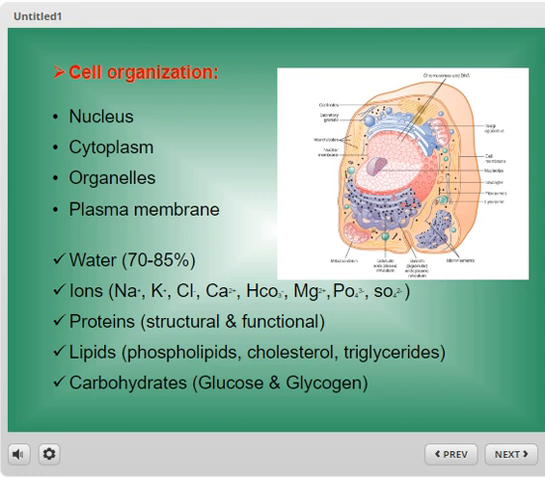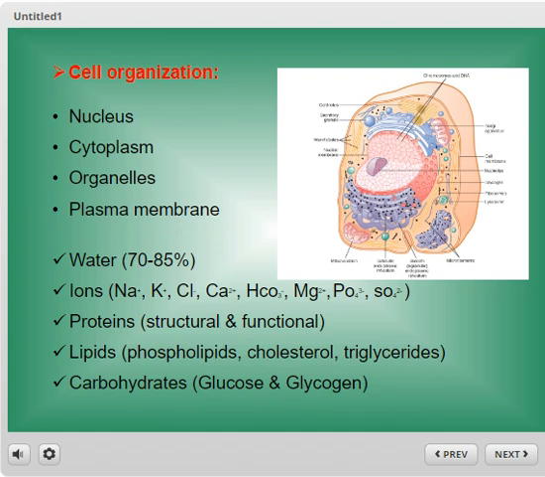In the cells, especially in the cell membrane, we have carbohydrates, including glucose and glycogen. These are two important types of carbohydrate.